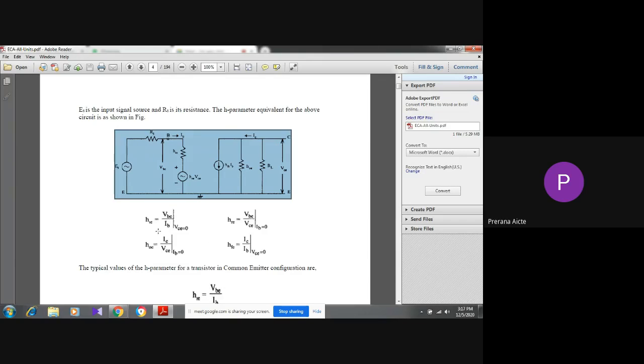HIE is equal to, so what is HIE? Input impedance. Input impedance means the ratio of input voltage to input current by keeping output voltage constant or zero.